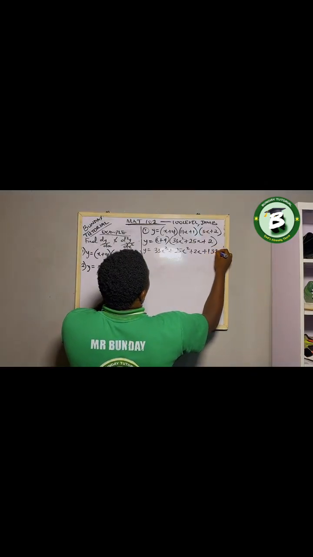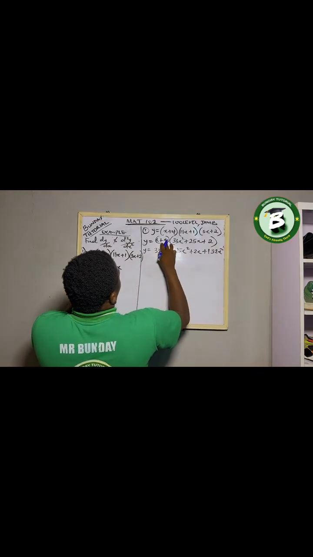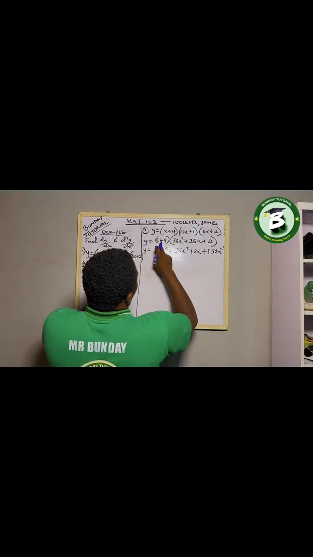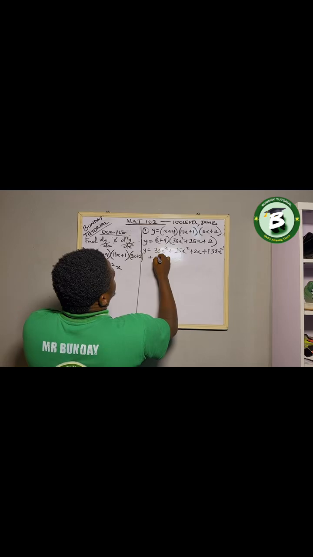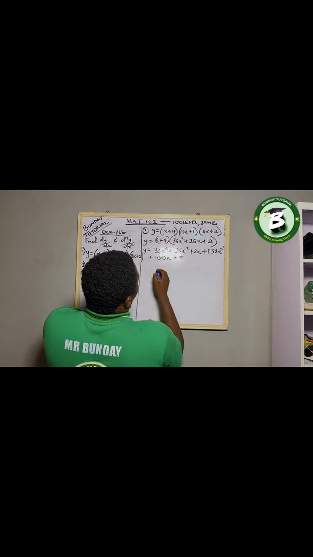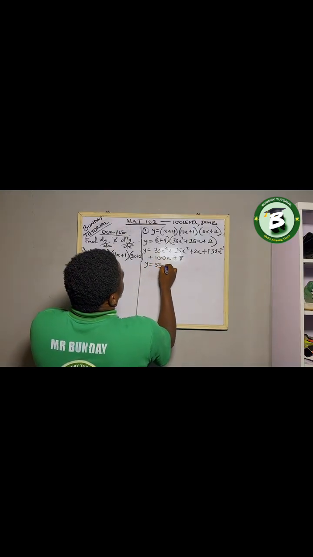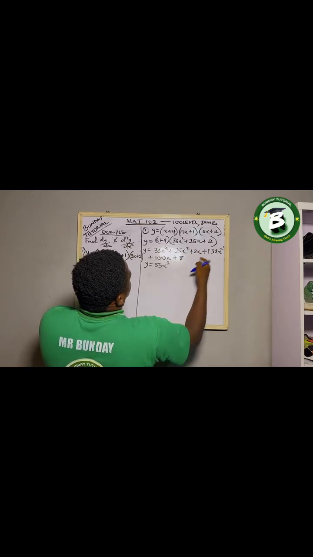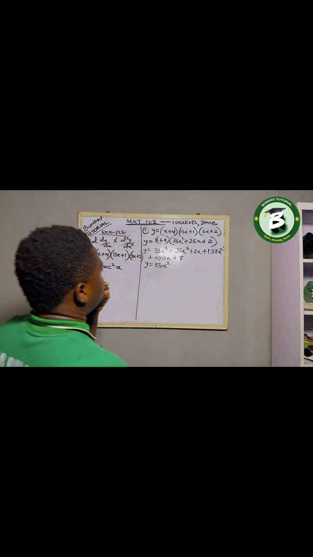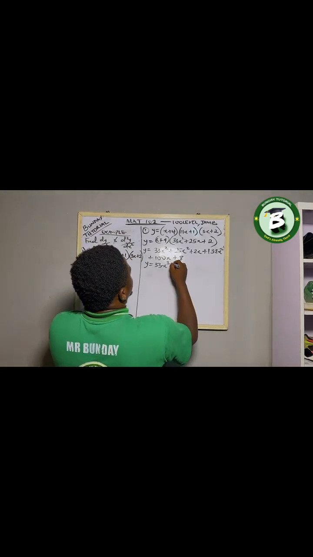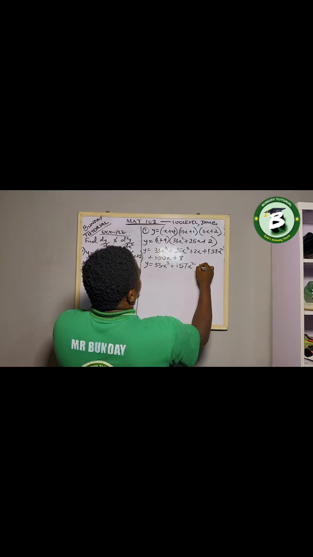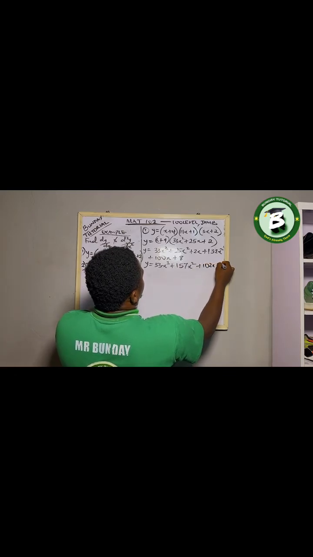So 132x squared. If I'm right, yes, 132x squared. Then plus 100x. Now plus 8. So you collect the like terms: 33x cubed, 25 plus 132, that's 157. 157x squared plus 102x plus 8.